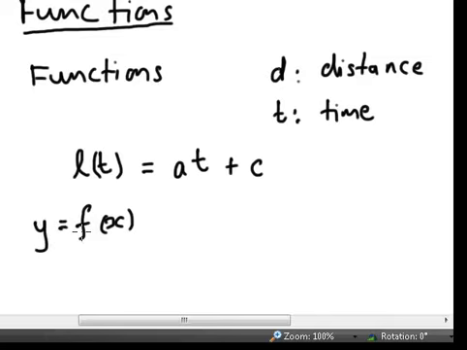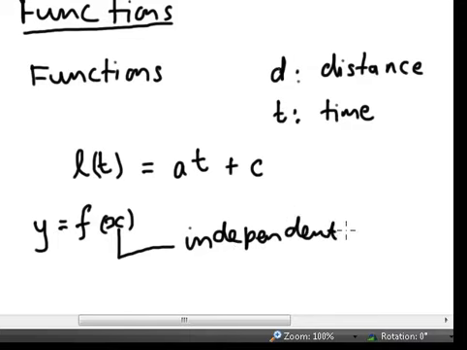Say y is equal to f of x. Now y is a function of x. Then, as it is here, this variable x, we call it an independent variable.